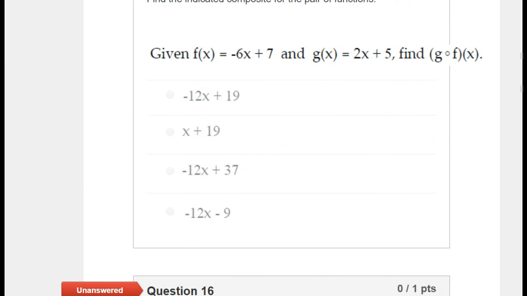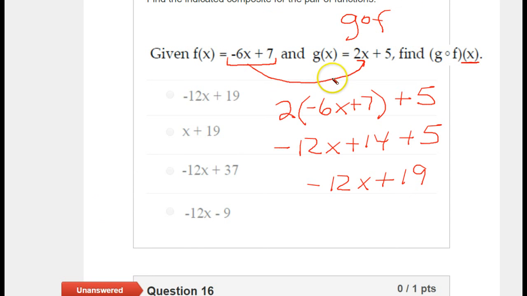Now we're going into Module 6 material. I believe these are the remaining questions, where we're doing composition. And we want to have G composed with F, where our value is X. So let's do that.